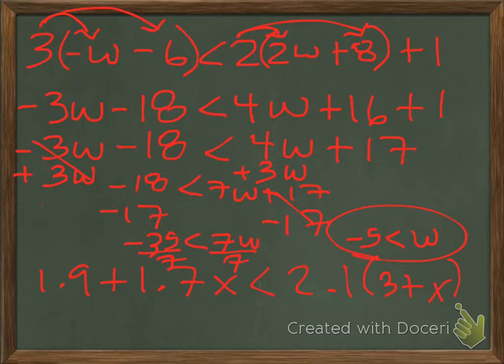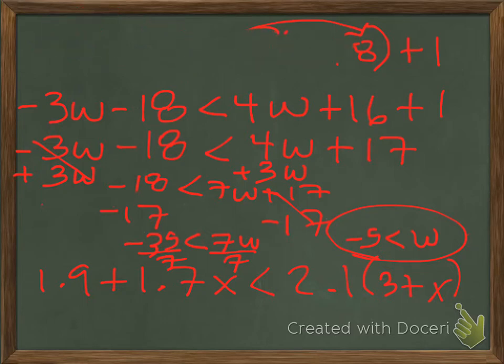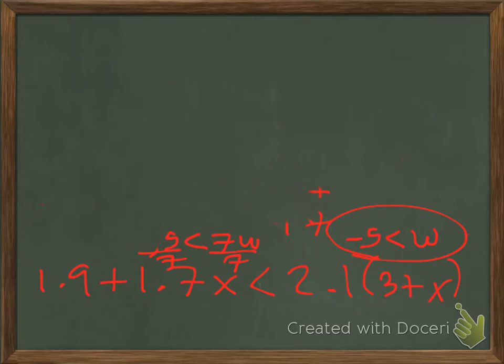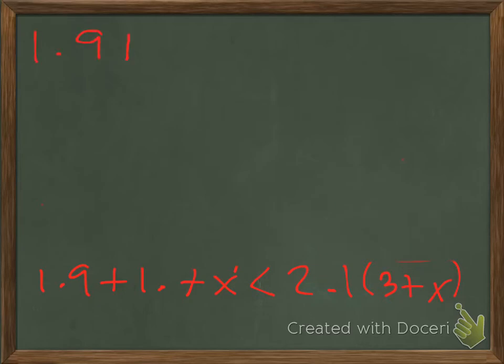Now the next one, I'm going to erase what we did on the top, so we have some more room. And we have 1.9 plus 1.7x is less than 2.1 times 3 plus x.